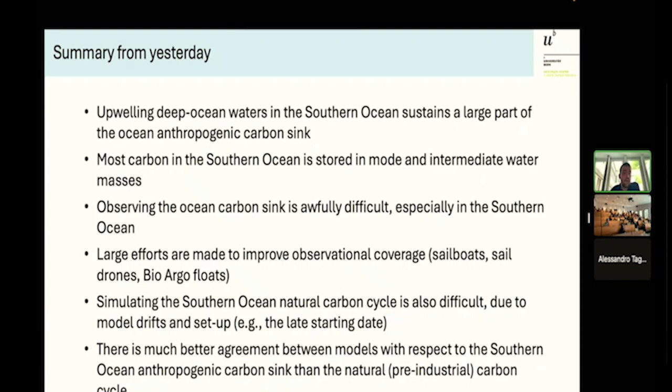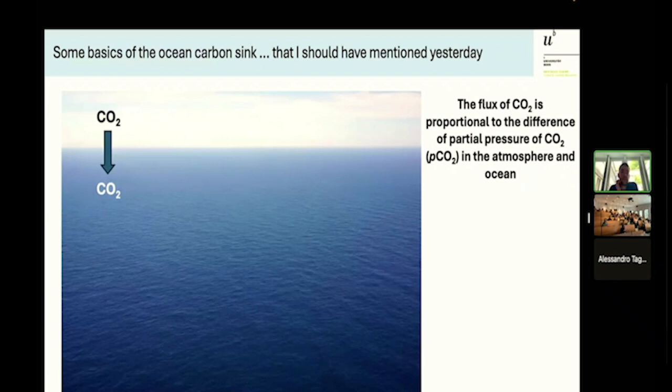So going on from there, I realized yesterday when I gave the presentation that I should have probably introduced a little more the basics of carbon uptake in the ocean in general, because you're not all working on the carbon cycle or biogeochemistry. So I wanted to do this just a bit here in a small sketch. The flux of carbon between the ocean and the atmosphere in general is proportional to the difference in partial pressure of CO2 in the atmosphere and in the ocean.